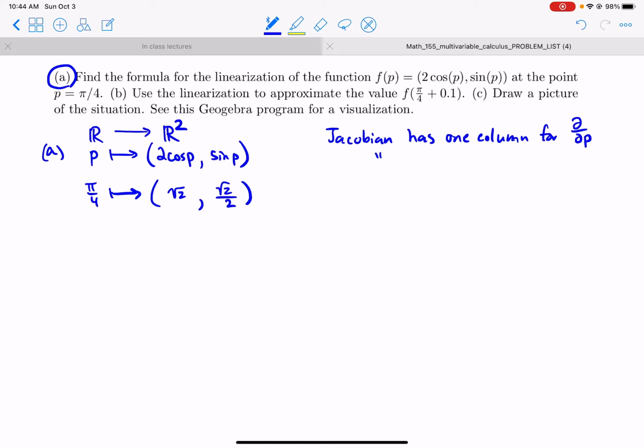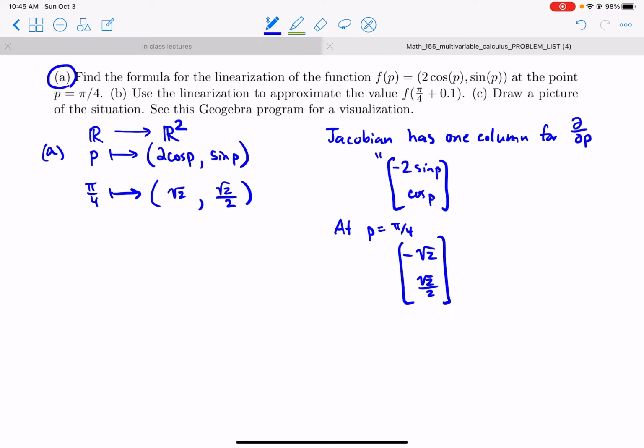So the Jacobian is negative 2 sine p and cos p. It has one column. Okay. At p equals pi over 4, cos and sine are root 2 over 2. Root 2 over 2 times 2 will be, and then I have a root 2 over 2 down here.